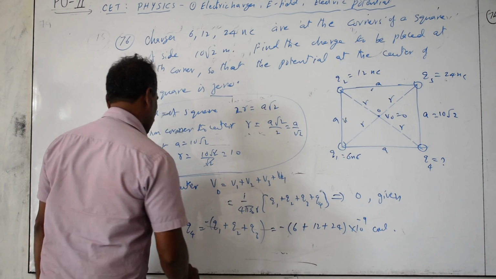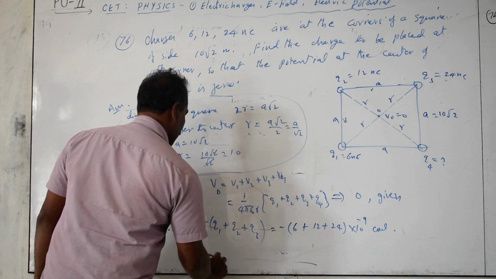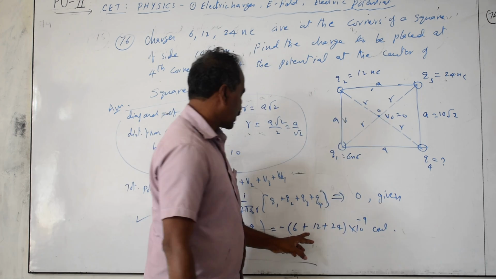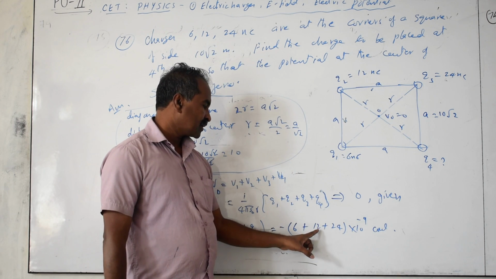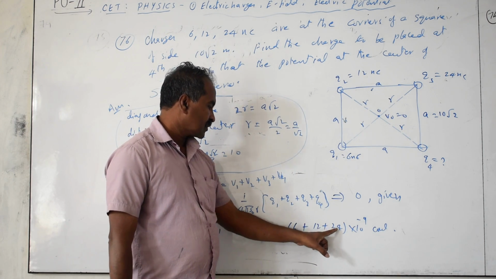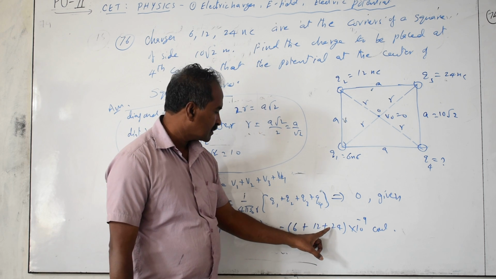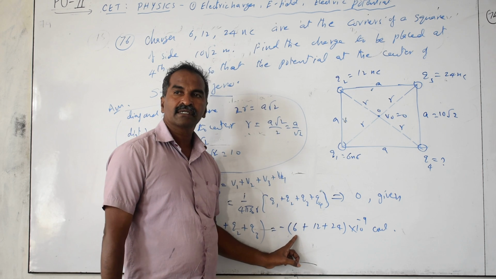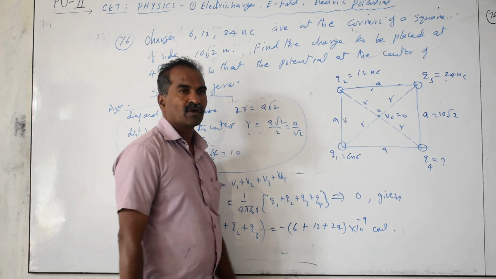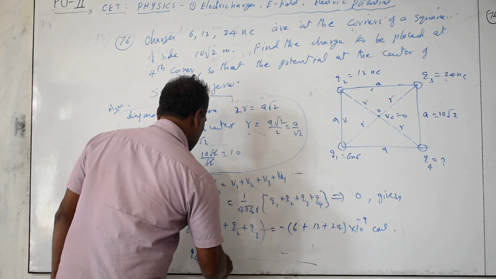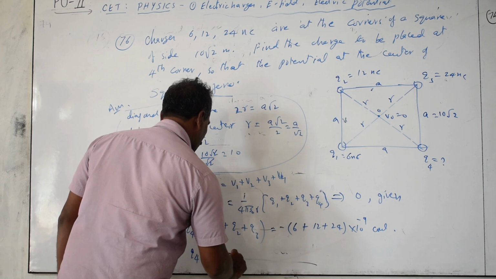So Q4 becomes the negative of 12 plus 24, which is 36, plus 6, 42. So Q4 is minus 42 into 10 to the power of minus 9 coulombs.